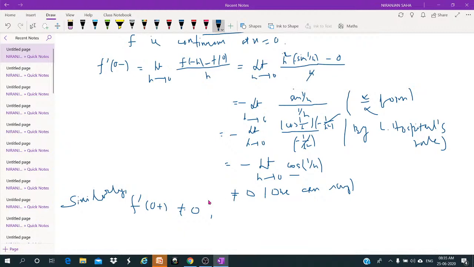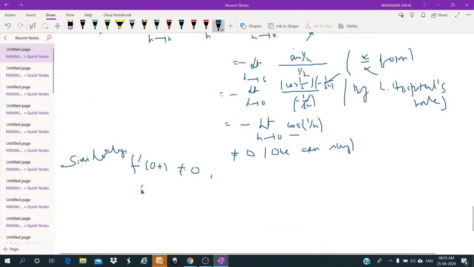You cannot properly say that the left hand derivative and the right hand derivative are equal. You can say they are not equal, and both can have different values.